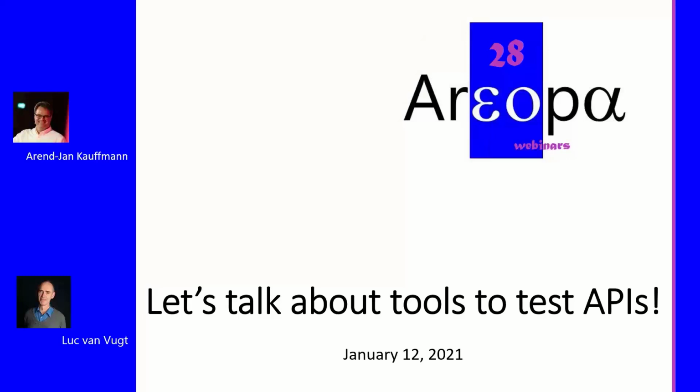I don't think there was even a delay in your answer, Arend-Jan. So I'm very happy to have you here today. And as you can read the title, let's talk about tools to test APIs. So Arend-Jan will show you what tools he's using and why one or the other.